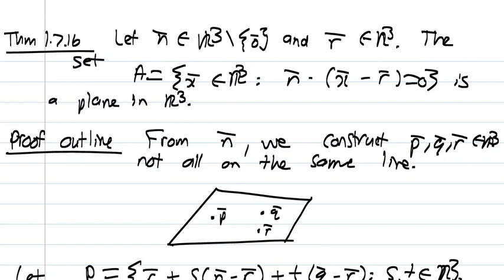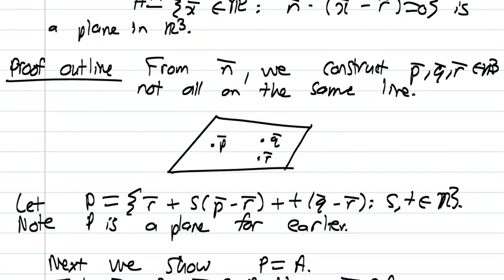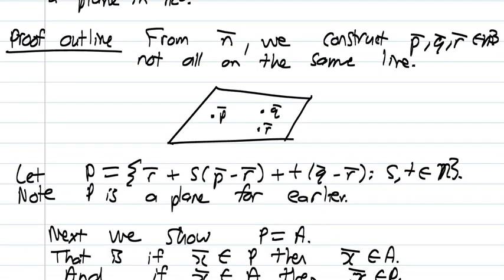The proof is quite long, but I'm just going to give you a brief overview or an outline of the proof. From vector n, we construct points P, Q, and R, 3D vectors, not all on the same line. And then after we've done that, we define set P to be the set of vectors of the form r plus s times (p minus r) plus t times (q minus r), where s and t are real numbers.